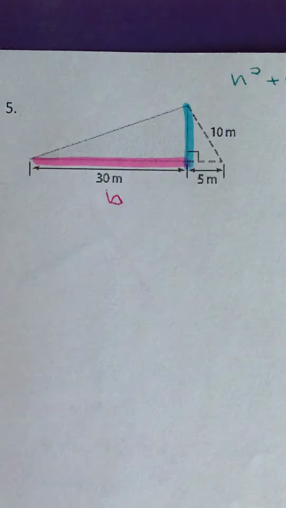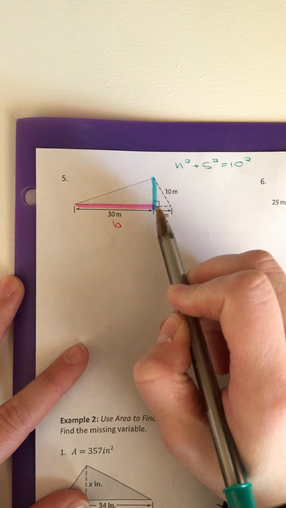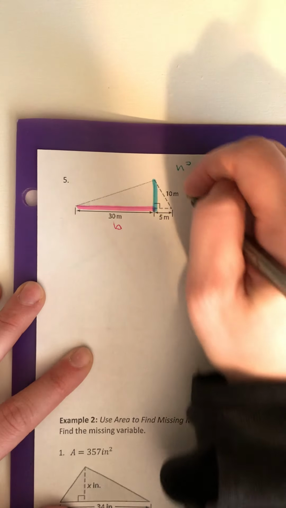It's really important, oh, I'm sorry, I didn't realize you guys couldn't see that. It's really important to remember that 10 is across from the 90. That's my hypotenuse.